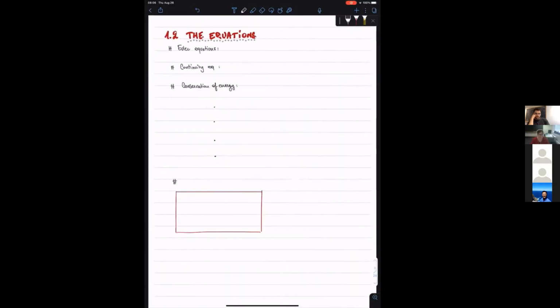So therefore, what do you do? You write the equations of motion of this fluid. Yes, is there a question? No, I guess not. So the equations of hydrodynamics, you've probably seen them in your undergrad studies. Let's say they are the Euler equations, which are dynamical equations for the velocity field.